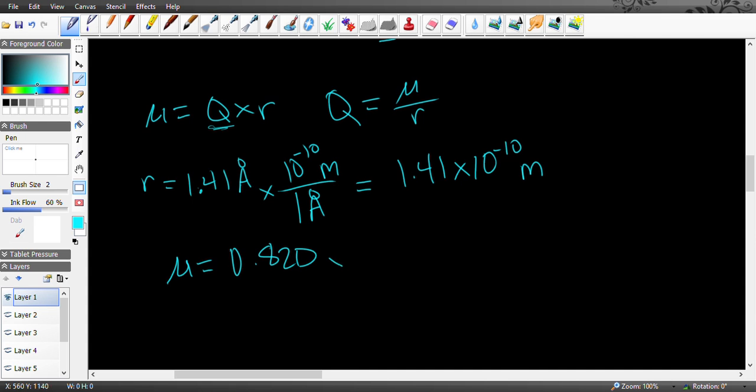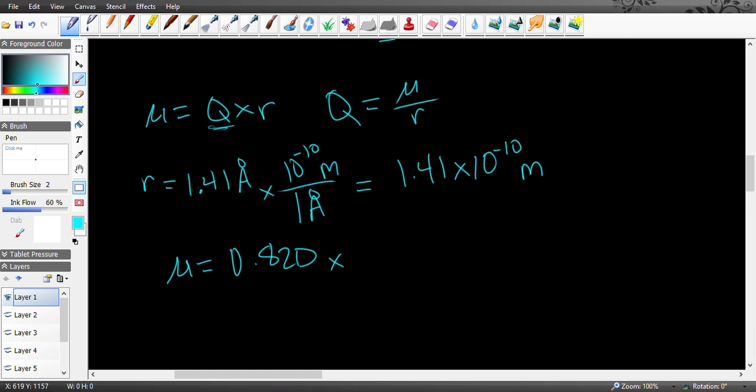0.825, and so we want to get this. We're going to find out the partial charges, so we need to put this in something that relates to charge. In this case, you want to turn debye into coulomb meters, because you're going to be dividing by meters. You'll get coulombs, and then you know that 1 electron is 1.6022 times 10 to the negative 19 coulombs.